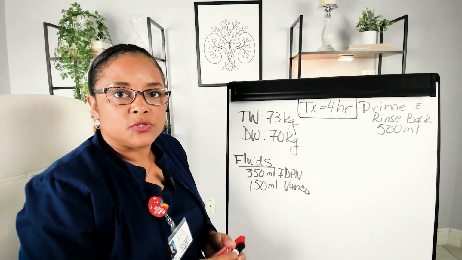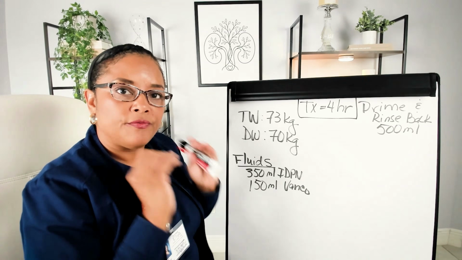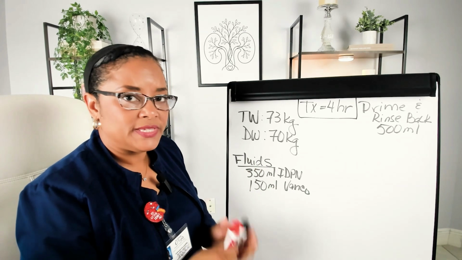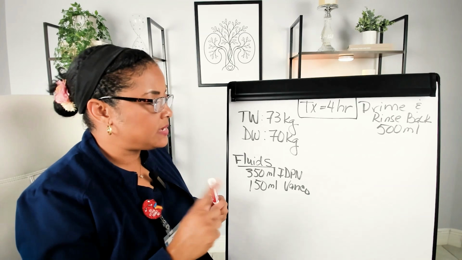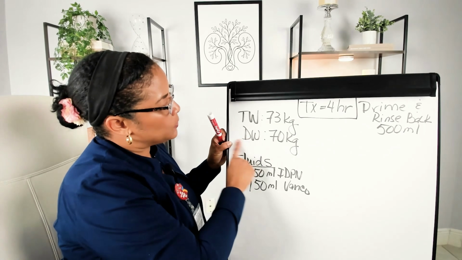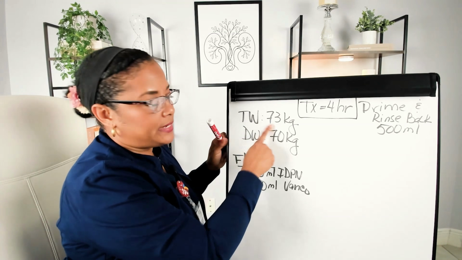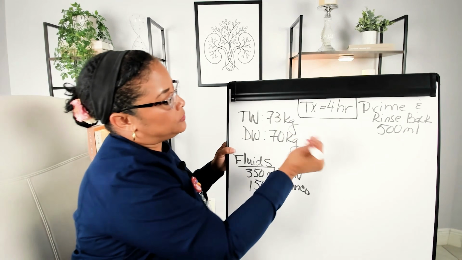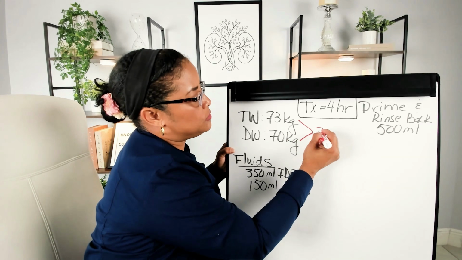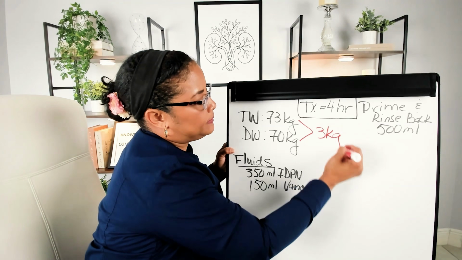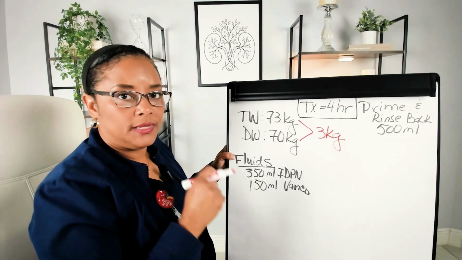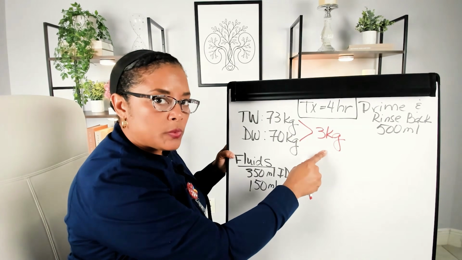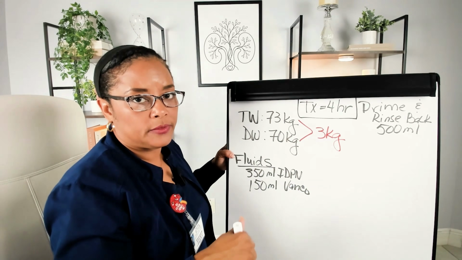Now we're ready to start applying our 5-step method. So we said that step number 1 was subtract the dry weight from today's weight. So here, the difference gives me 3 kilograms. Step 2 is convert those 3 kilograms into milliliters.